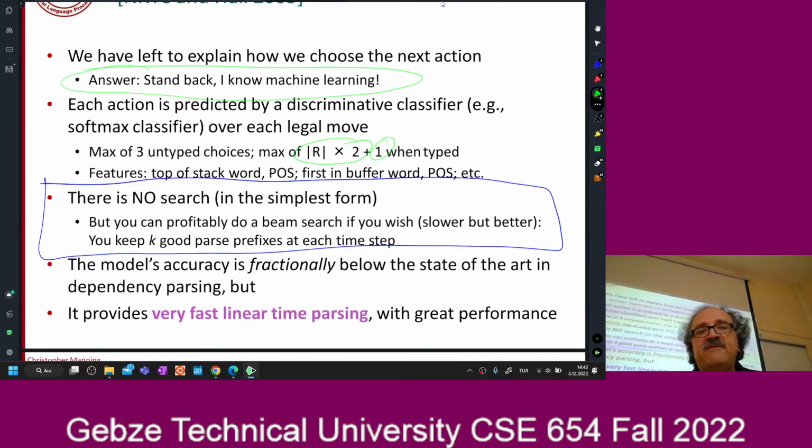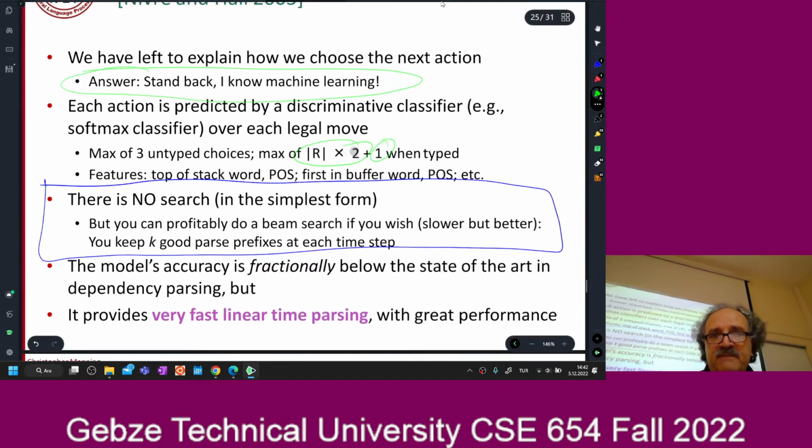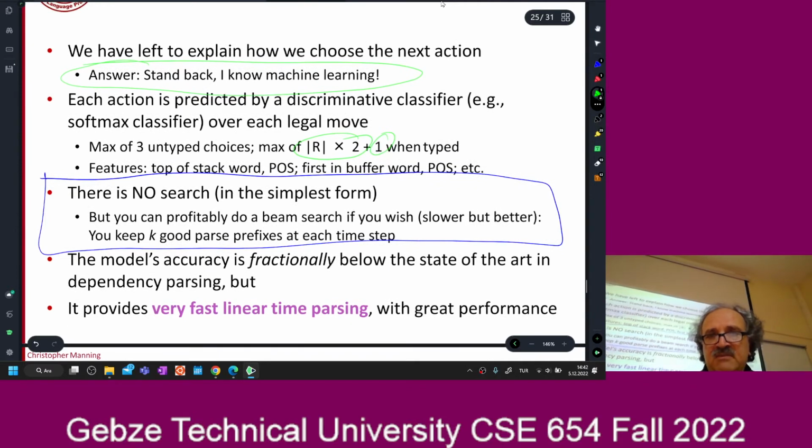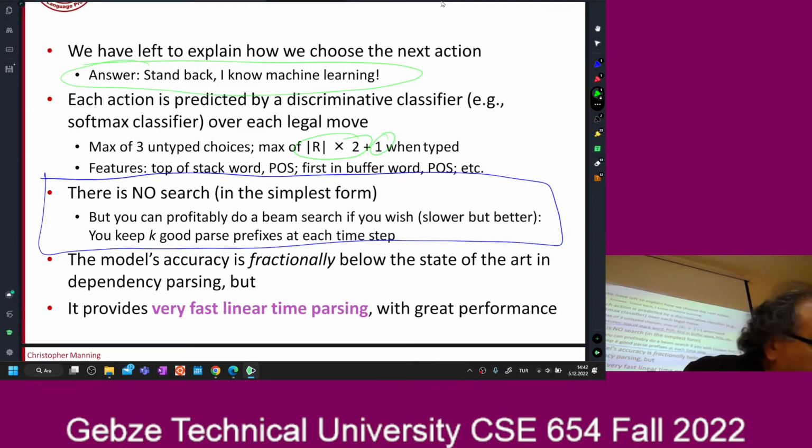The classifier is going to classify our actions, either shift or left arc or right arc. There are many different types of dependencies. That's why left arc or right arc is 2, right? So r times 2 plus 1. What is plus 1? Shift.